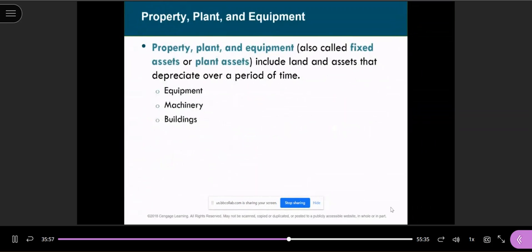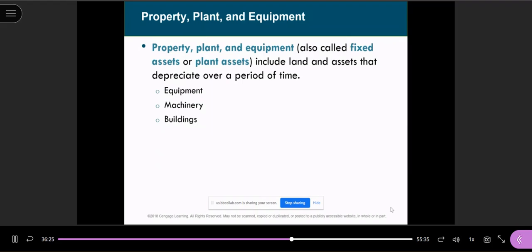Our second one would be property, plant, and equipment. And property, plant, and equipment is exactly that. Any property, meaning any land, any plant, meaning any building or factory, and then any type of equipment at all. So your equipment, your machinery, your vehicles, all of that is going to be included in that property, plant, and equipment section, as well as the associated accumulated depreciation.